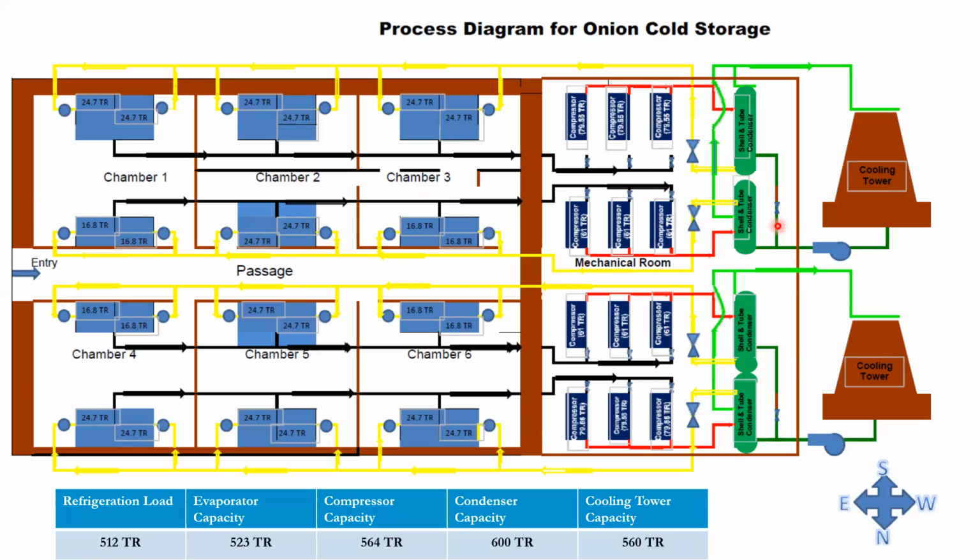So these are the regular systems, and a similar replica is there on the other side. To meet the requirement, this is the condenser, and the cooling water circulating in the condenser takes up heat from the refrigerant. It is again pumped over the cooling tower. Then it rejects heat to the atmosphere, and from the cooling tower back to the condenser. So this is a cooling water line.